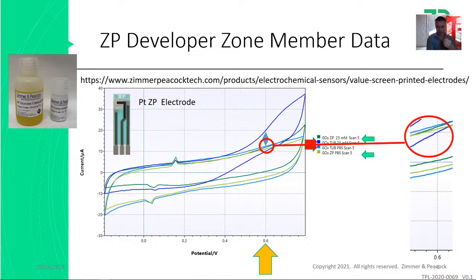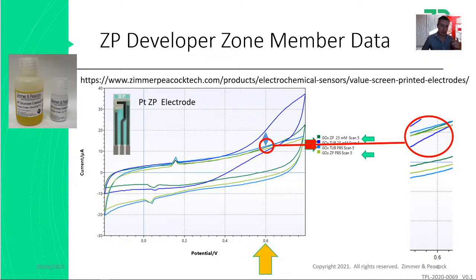This is a glucose sensor, and by cyclic voltammetry the ZP formulation only shows this tiny little signal difference in CV, but with my own homebrew formulation I see lots of signal, so therefore it must be better. Actually, I think our formulation is much better, but we'll give you a scientific explanation as to why that is.